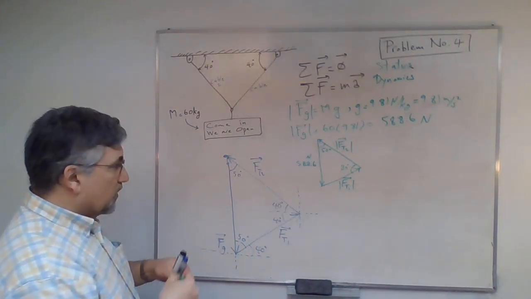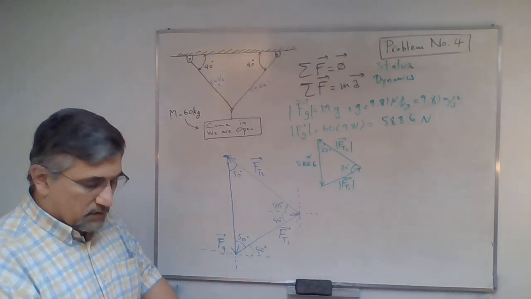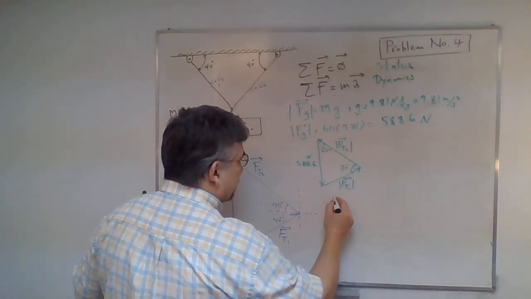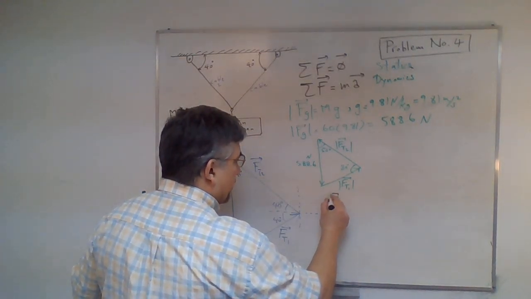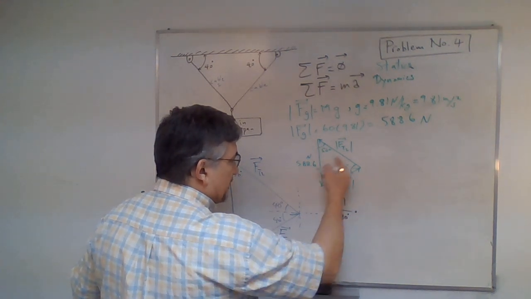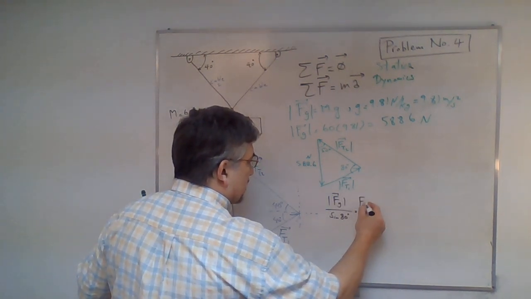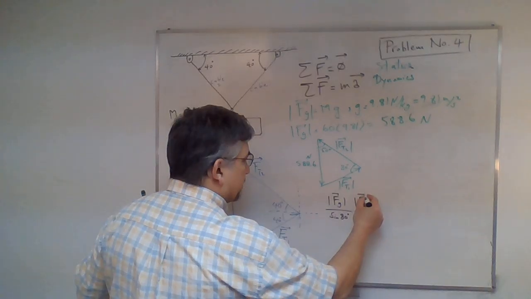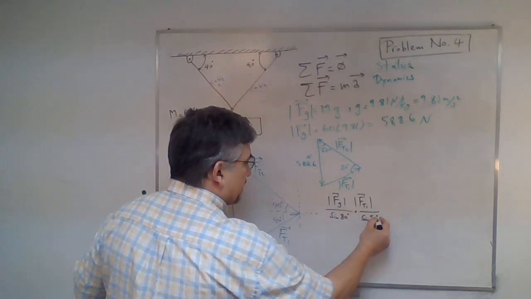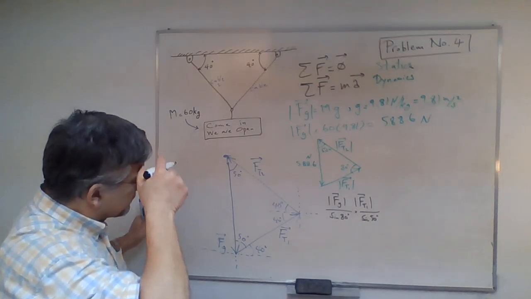All right, so how do you solve this? Well, we use sine law, obviously. So we're going to say force of gravity divided by sine of the angle 80 degrees, the opposite angle, equals tension force in cable 1 divided by the sine of the opposite angle, which is 50 degrees.